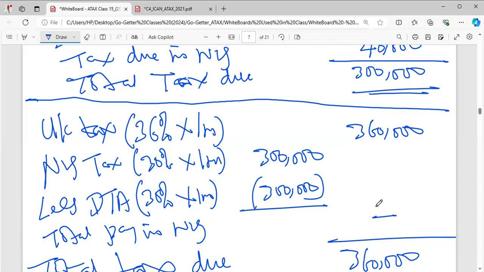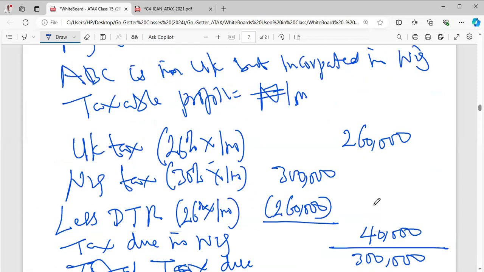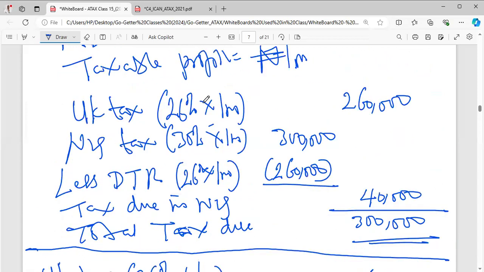Then another thing to note here, use it as a memory guide. Look at UK tax, look at Nigerian tax, right? Do you notice that the smaller of the two becomes the relief, and the bigger of the two becomes the amount payable?